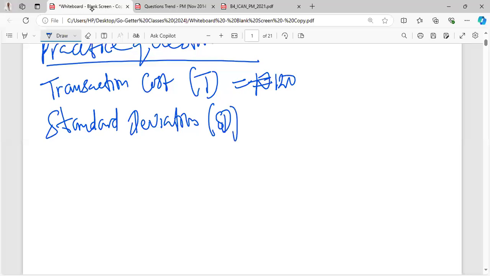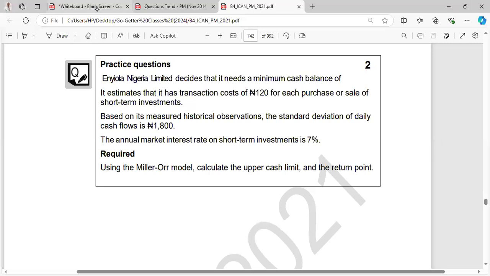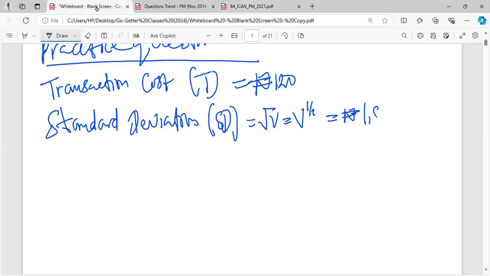I can also call it the square root of V. Whether you call it the square root of V or V to the power 1/2, V is still variance. Standard deviation is the square root of variance. And we're told it's how much? 1,800.